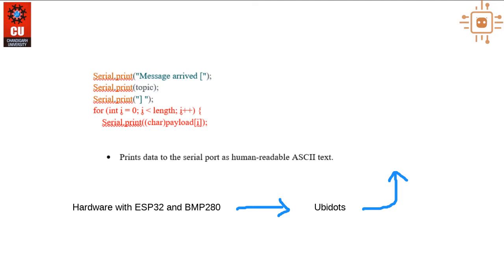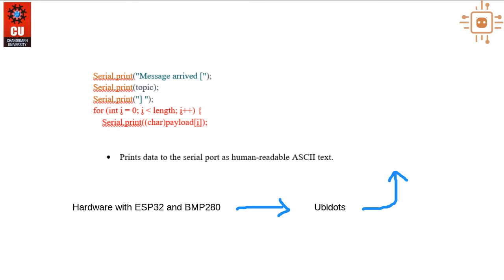And when we create a device on Ubidots, that device should be linked with the program or code, through software, that is the Arduino software. So in Arduino, as in experiment number one, we have a program.